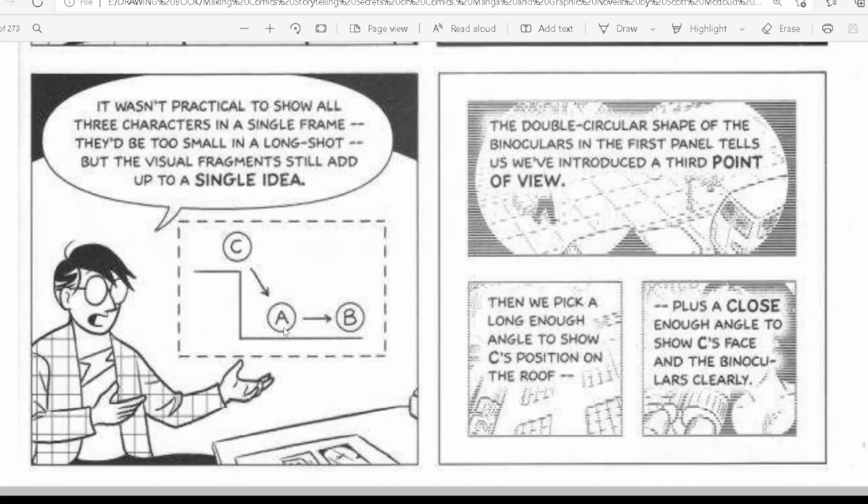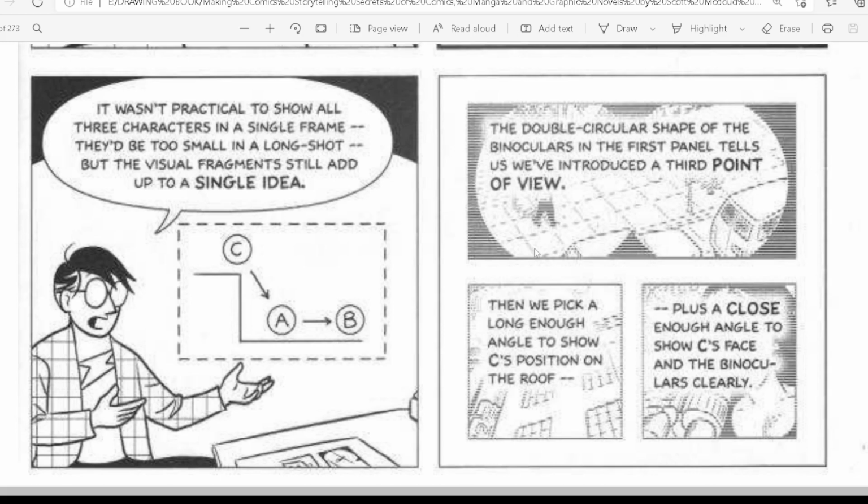It is quite difficult to show the three of them in only one frame, so we are changing the frame. Actually we are not changing the scene, we are changing the moment in the same scene, right? So here you can see C is upstairs and A and B are downstairs.